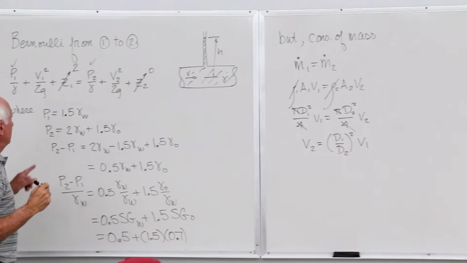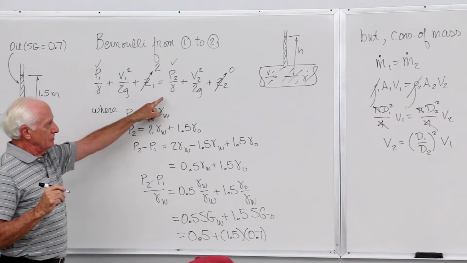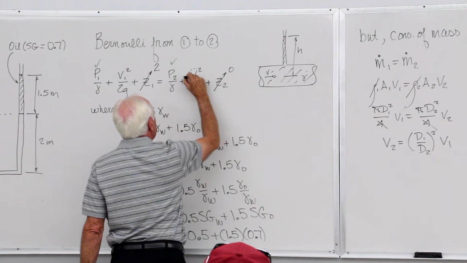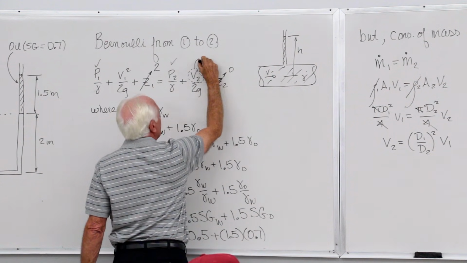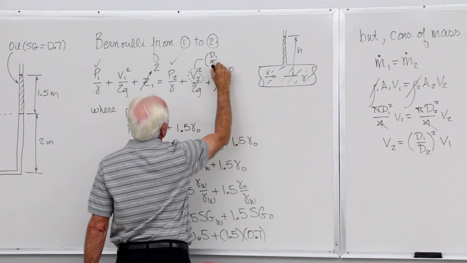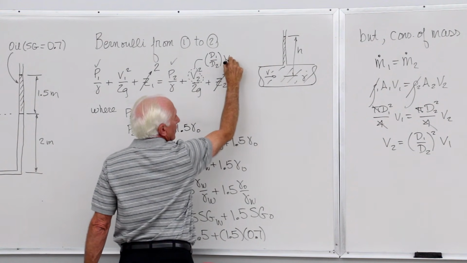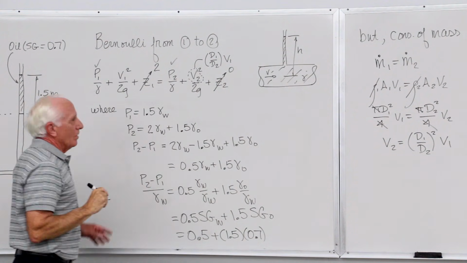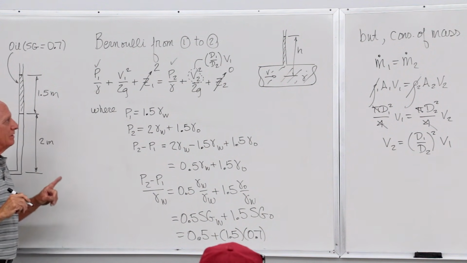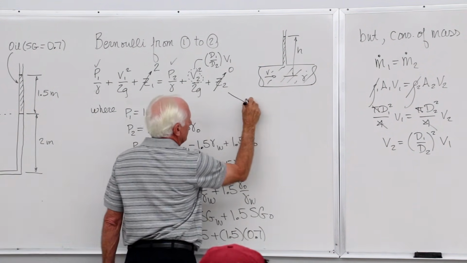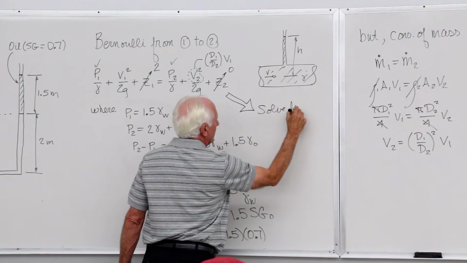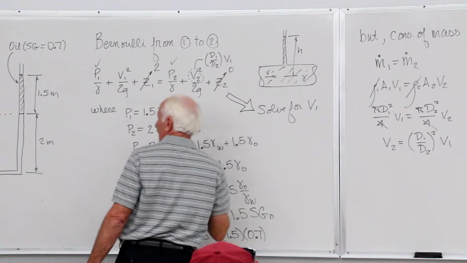So wherever you see in that equation a V2, replace it with d1 over d2 squared times V1. Now what are you left with? One equation, one unknown. What's the unknown? V1. So from here, solve for V1.